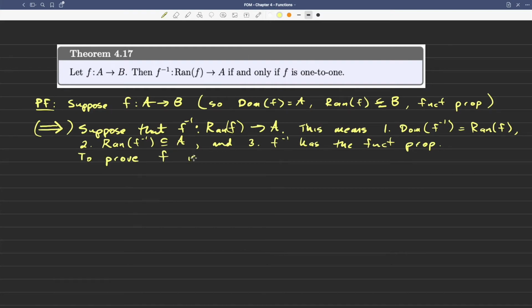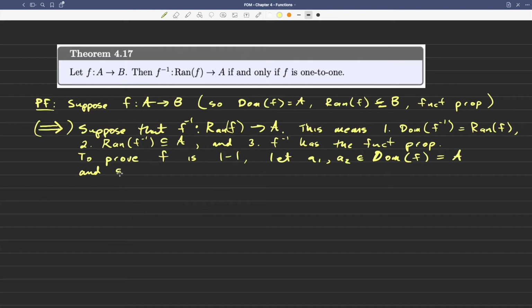To prove f is 1-to-1, let a1 and a2 be arbitrary elements of the domain of f, which we know is equal to a by the hypothesis at the very top of the proof. And we need to suppose that when we plug those 2 elements, a1 and a2, into the function f, we get equal outputs.